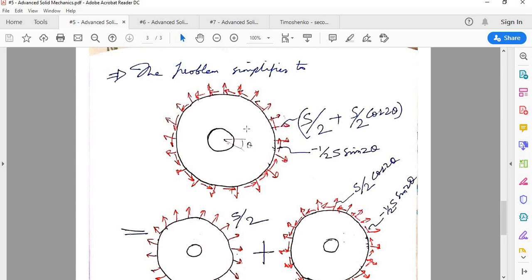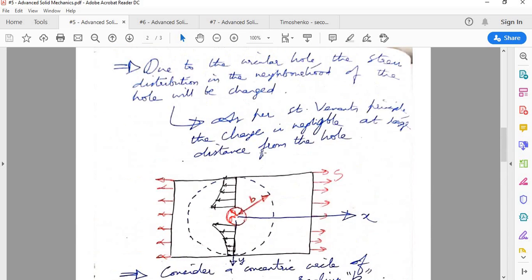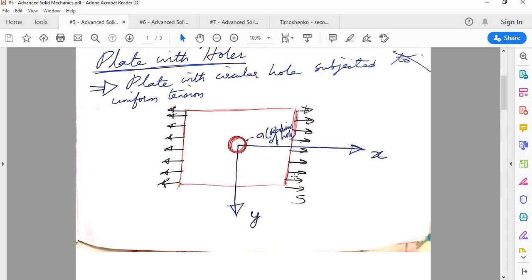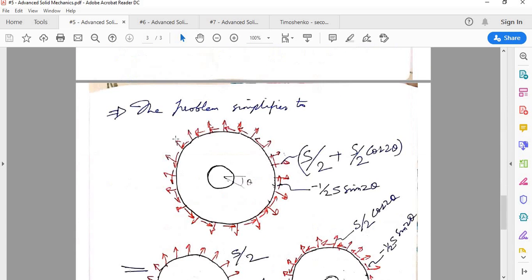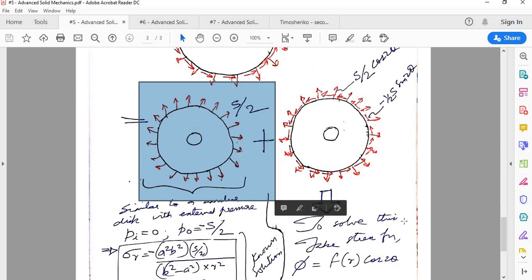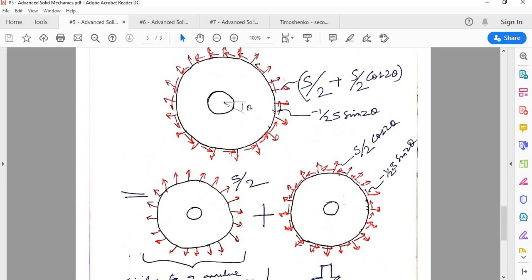Then we looked at this, so we said that applying Saint Venant's principle, solving this problem is equal to solving this problem. So this particular problem we split into two problems, right? Now, based on just this particular set of figures, there are numerous questions that can be asked.